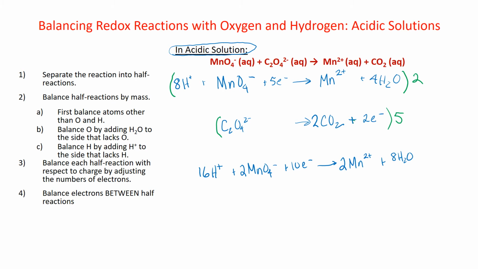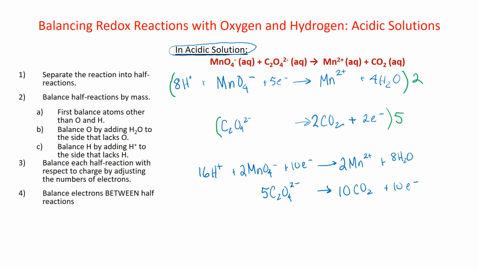For the second half reaction, I've got 5 oxalate ions and 10 CO2 plus 10 electrons. Okay, so now I have the same number of electrons.